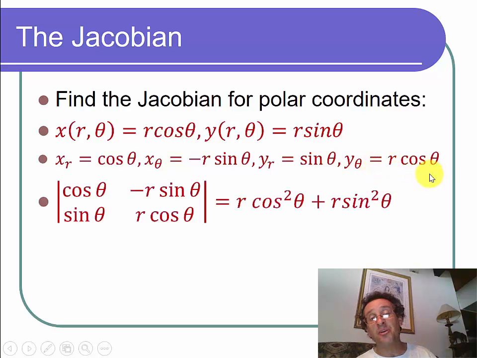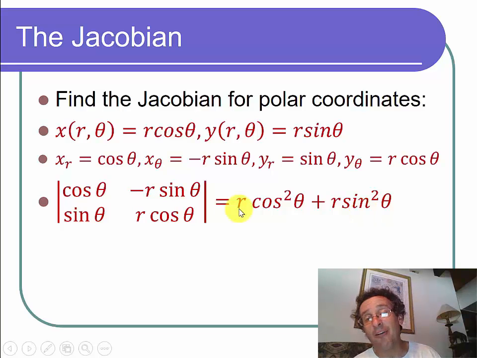We put that into a matrix, and we get the determinant of cosine of theta, negative r times the sine of theta, sine theta, r cosine theta. And we multiply that out. We get cosine theta times r cosine theta, which is r cosine squared theta, minus a minus r sine theta times sine theta, so that's plus r sine squared theta.